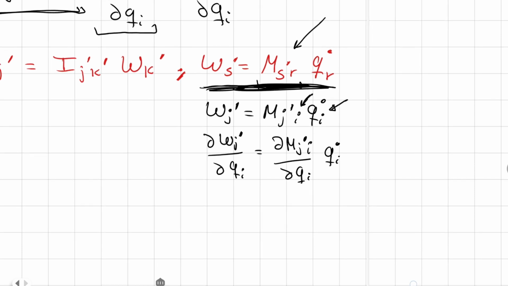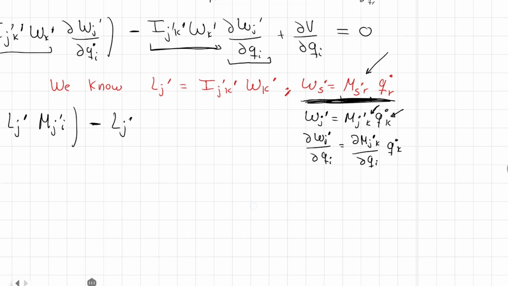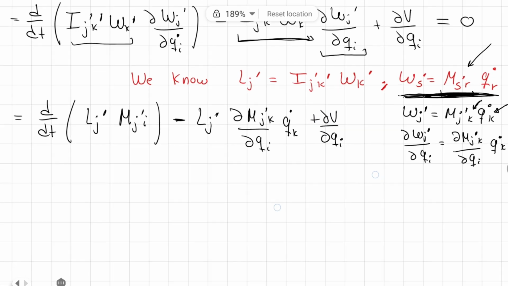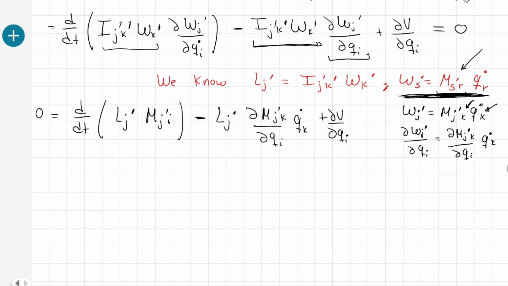So that means that we may need to change this one to a k. Then we take the derivative with respect to qi, we switch this for a k, and nothing happens. Okay? So we can write that this angular momentum is multiplying the derivative of mjk with respect to qi, and then qk dot, and then plus the partial of b with respect to qi. Remember this is equal to 0 due to the Lagrange equations.